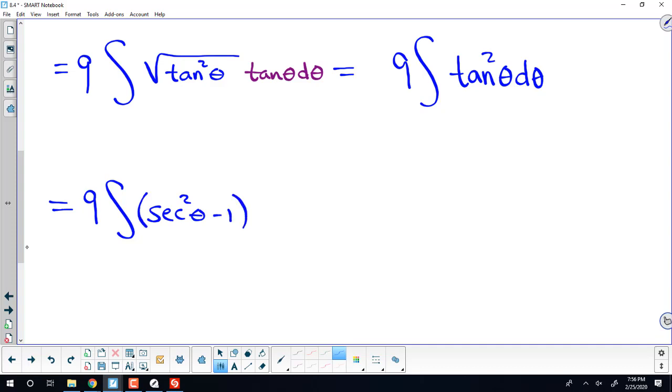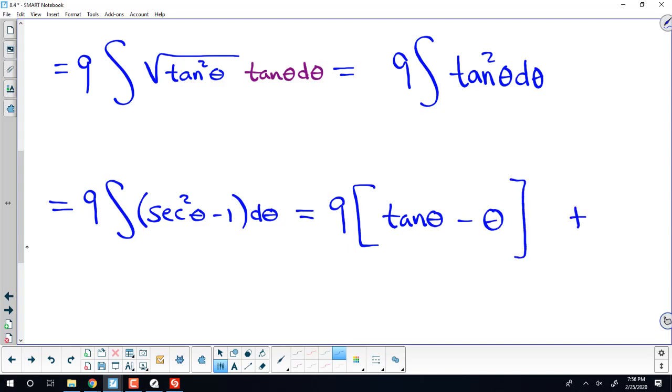So we're going to rewrite tangent squared like that. The antiderivative of secant squared is just tangent, minus theta, the antiderivative of 1. We have our constant.